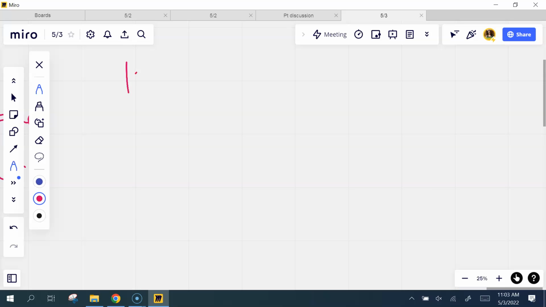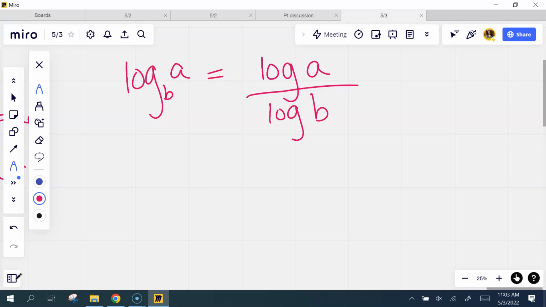So if I have log base b of a, I could evaluate that by doing the log of a divided by the log of b. And both of these, because there's no base there, is base 10. But you can do this for any base as long as the base is the same on the top and the bottom.